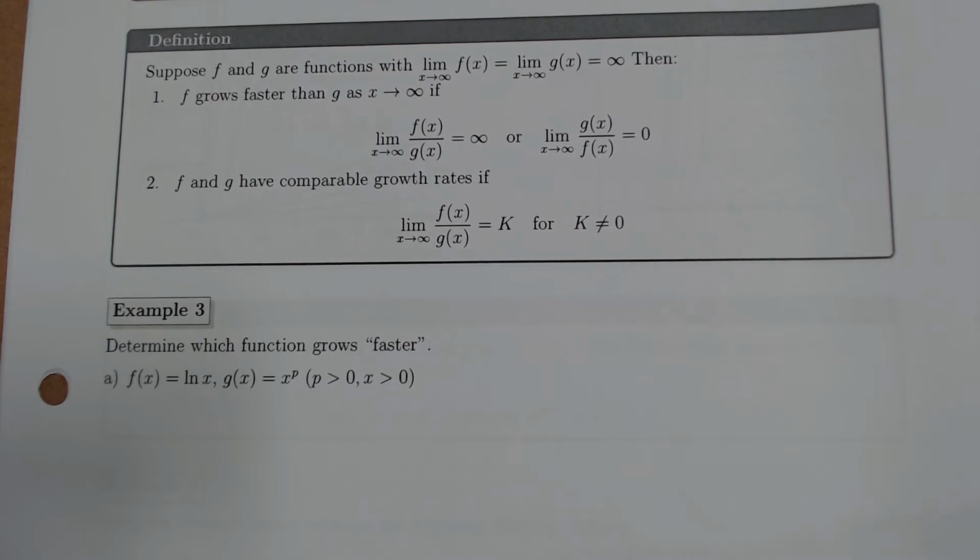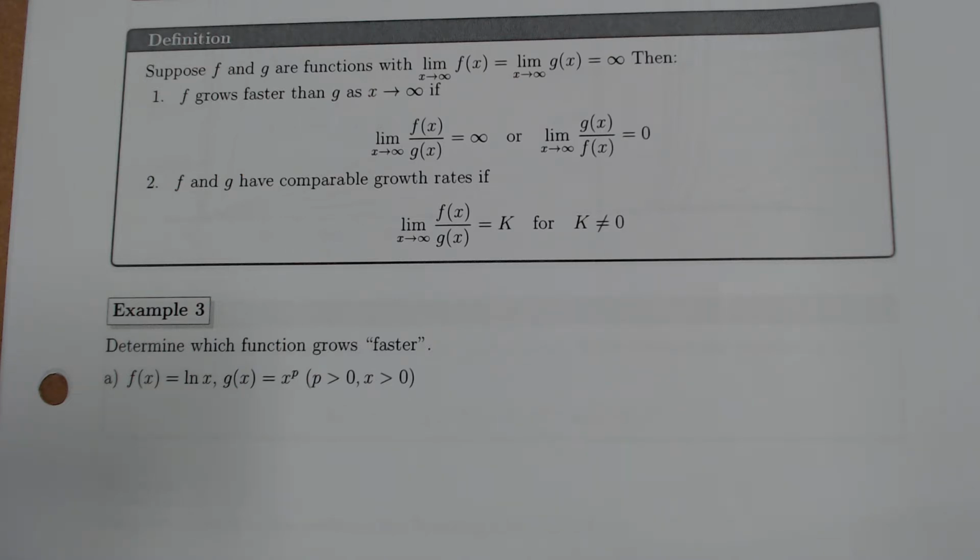Now, when we have f over g and it's not 0 and not infinity, that means these two functions are comparable by a factor of k. For example, if we get a limit of 3, that means f grows 3 times as fast as g, right?